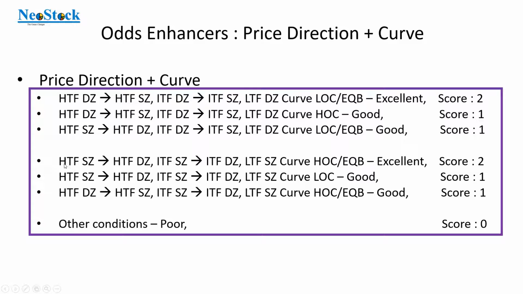See here, the HTF supply zone: by the time prices enter into our LTF supply zone, your HTF price direction is from supply zone to demand zone, and the ITF direction will also change, that is also supply zone to demand zone, when prices are entering into the LTF supply zone. And what about the curve? Look into the curve.